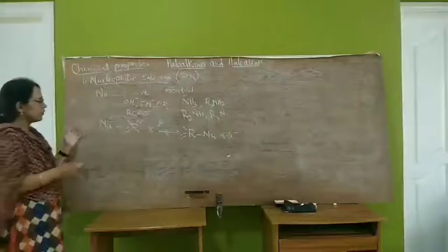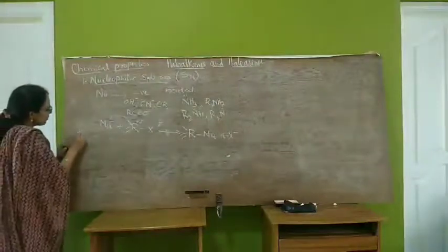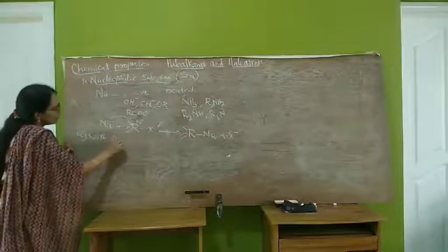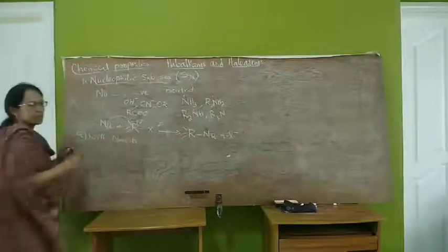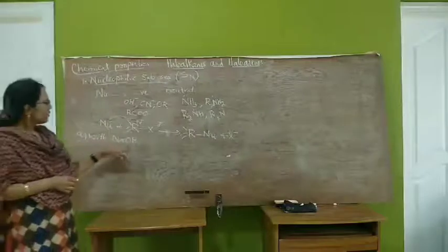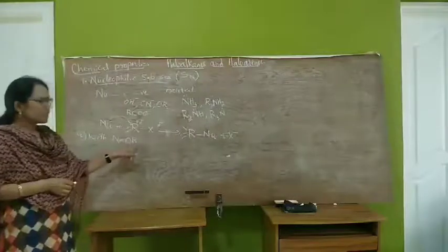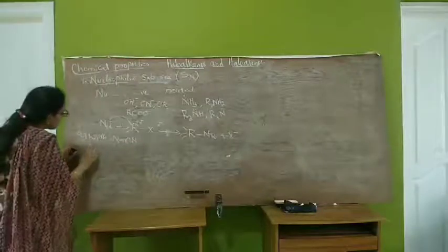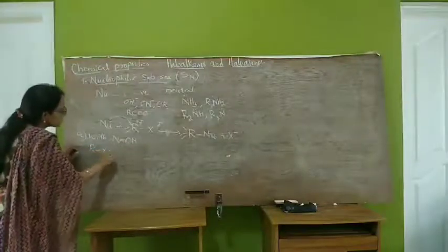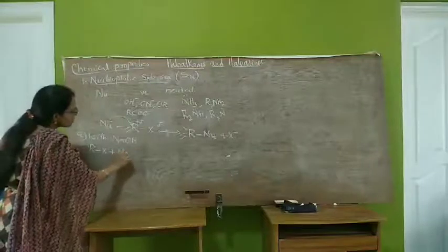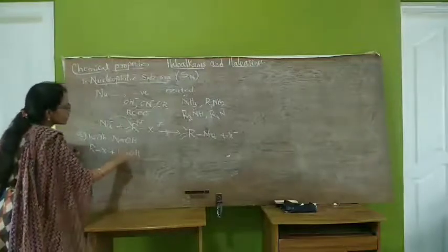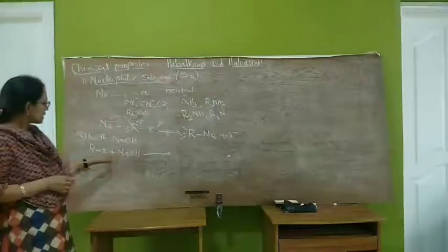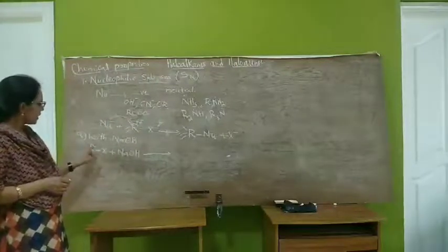The first one is with NaOH. In NaOH, OH minus is the nucleophile. So when alkyl halides are heated with aqueous sodium hydroxide, OH minus replaces the halogen atom.